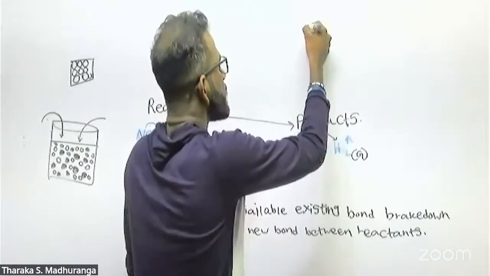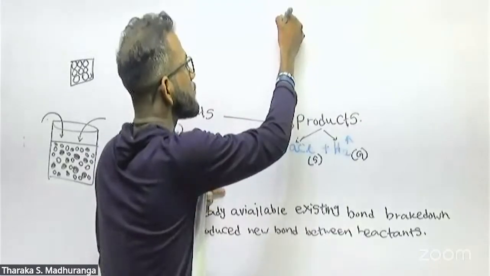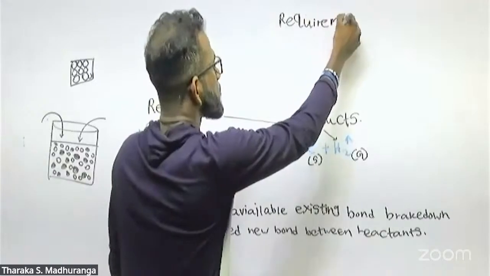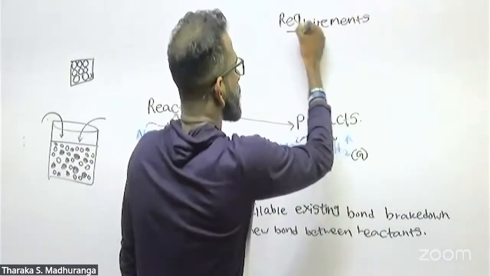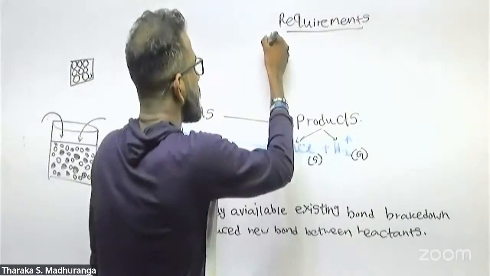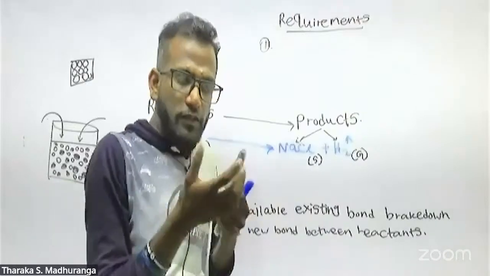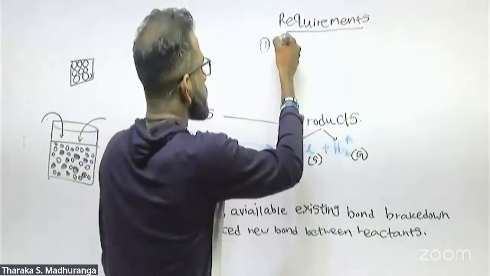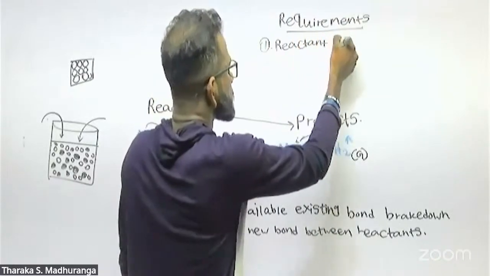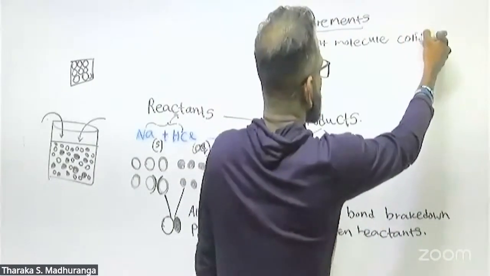The first one is that reactant molecules should collide with each other.